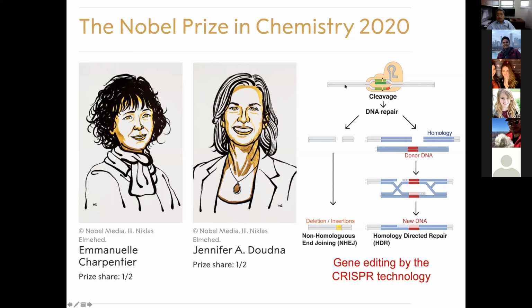One approach is that you can transfect the cell with the Cas9 gene, and then transfect a plasmid coding for the guide RNA, and then you cut a certain DNA sequence in the genome.